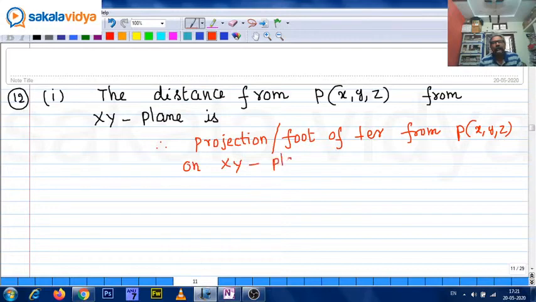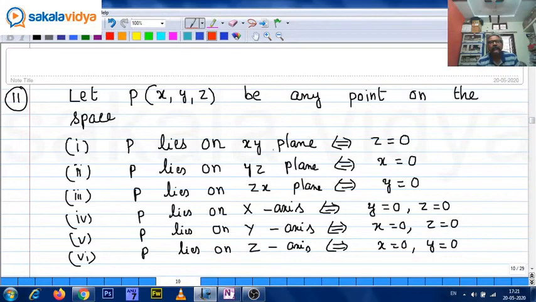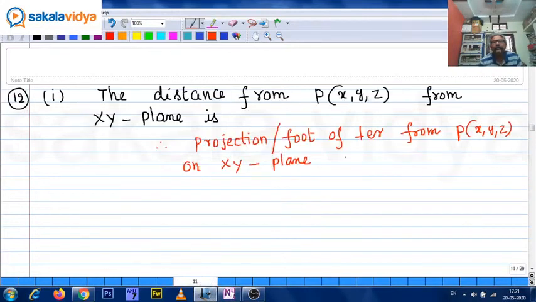We know that on the xy plane, z is equal to 0. So z equal to 0 means the foot of the perpendicular becomes Q, here (x, y, 0). That means now we need to find the distance from P to this point Q. That is the required distance.